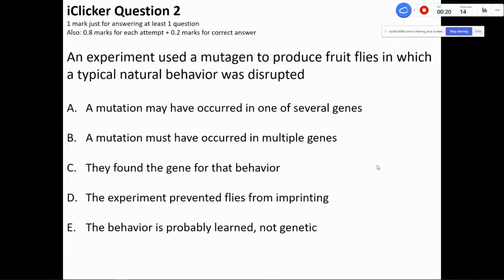A mutation must have occurred in multiple genes. They found the gene for that behavior. The experiment prevented flies from imprinting, or the behavior is probably learned, not genetic. I'll give you a chance to answer those, and then we can work through some of them.